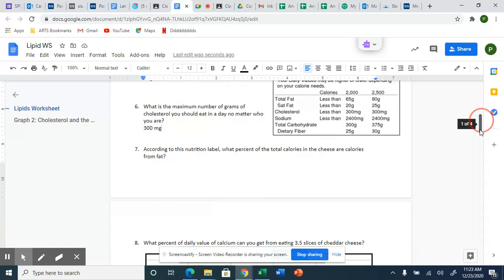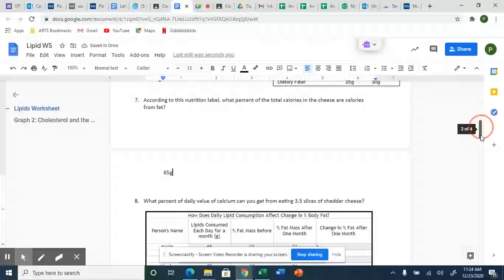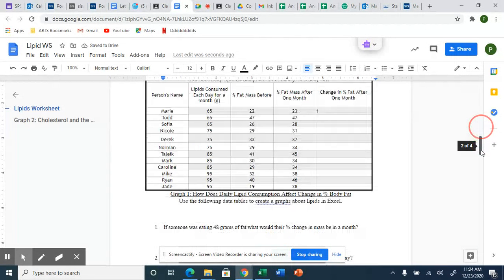According to this nutrition label, what percentage of total calories is in the cheese, or calories from fat? Again, it's 65 grams. Stupid to ask it over and over.